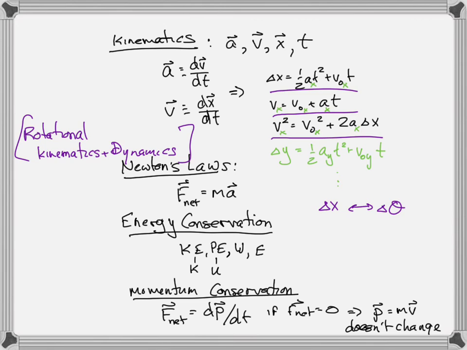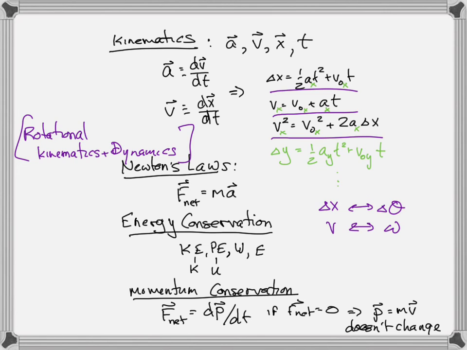We go through an angle theta. In linear motion we had v, in rotational motion we have omega, angular velocity. As long as we know the variables in rotational motion that correspond to the variables in linear motion, then there's nothing more to learn.